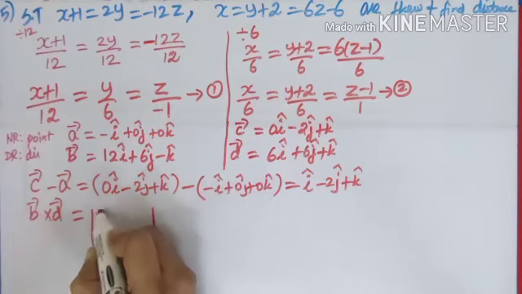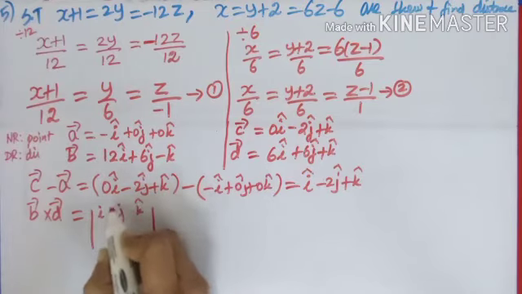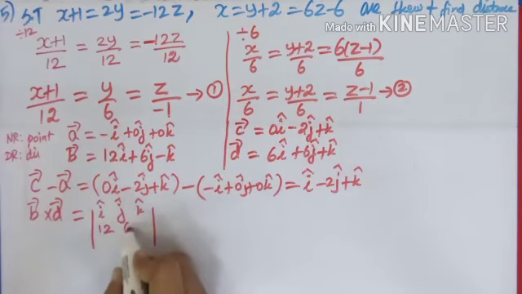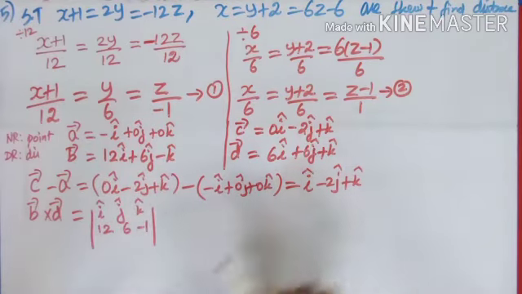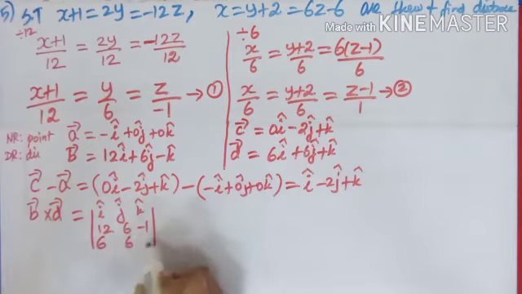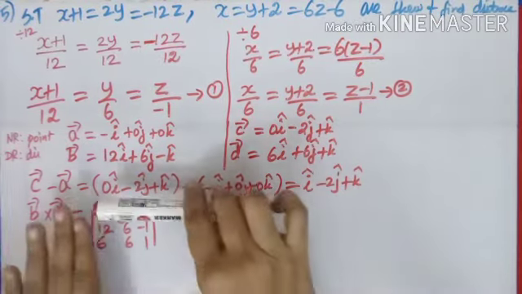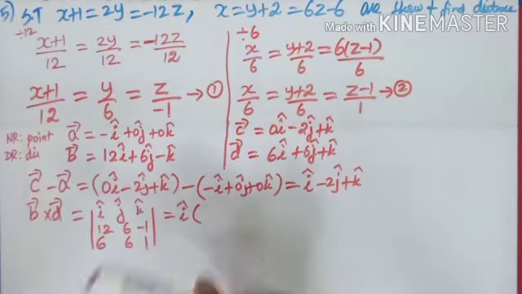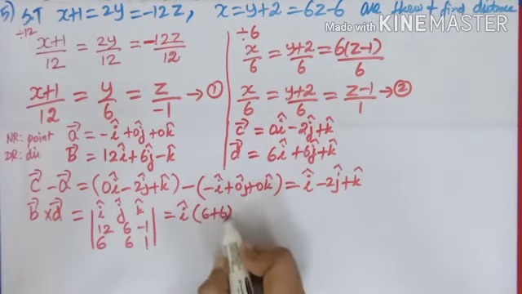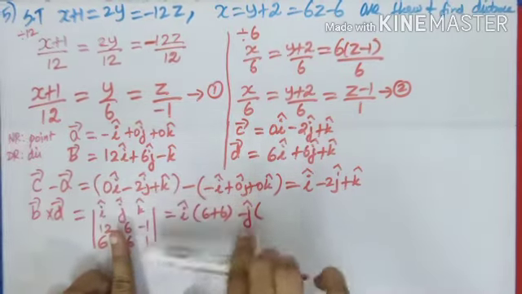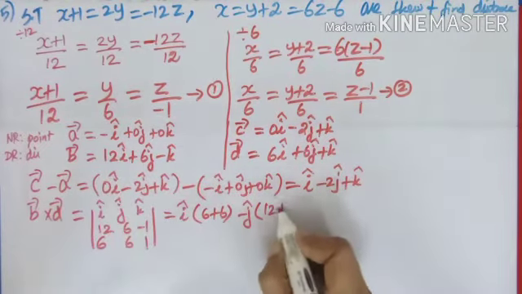For B cross D, we put i, j, k as the first row. What is B vector? 12, 6, minus 1. D vector 6, 6, 1. As I expand, i into, hide the row and column, 6 plus 6. Minus j into, hide the row and column, 12 plus 6.